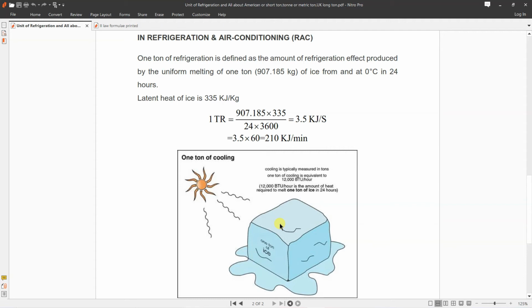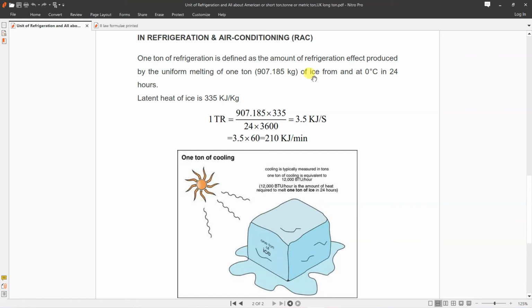This ice will melt and get converted into water. So by uniform melting of 1 ton of ice from and at 0 degree Celsius, the ice will be at 0 degree Celsius, and it will melt and become water at 0 degree Celsius. You should understand that there is only latent heat involved over here.